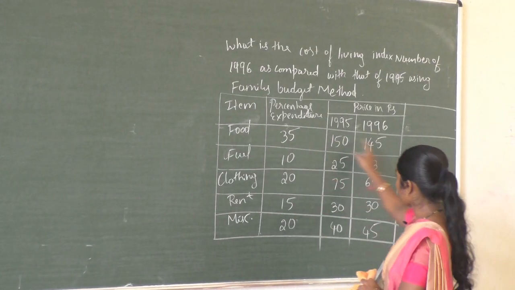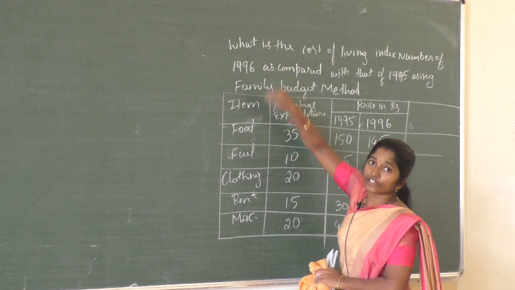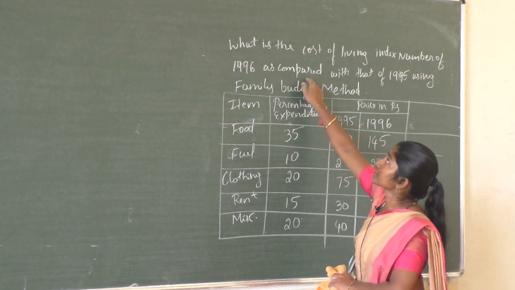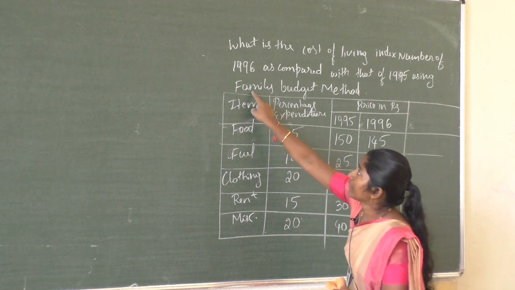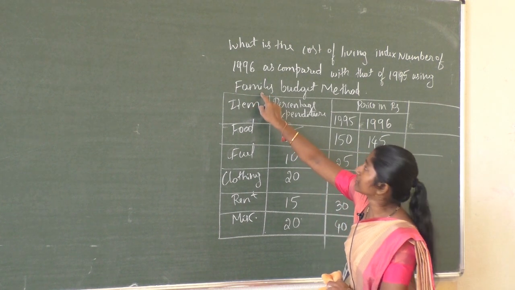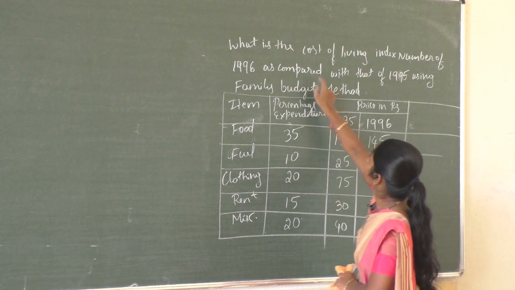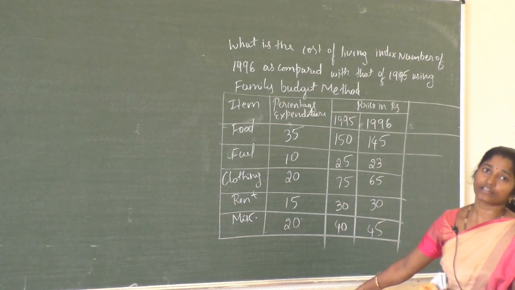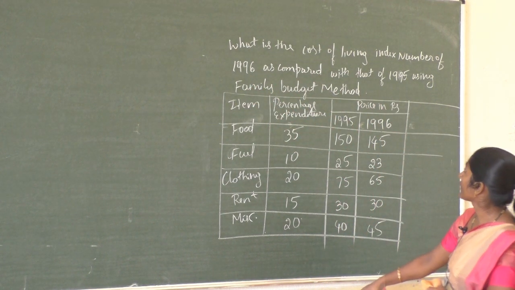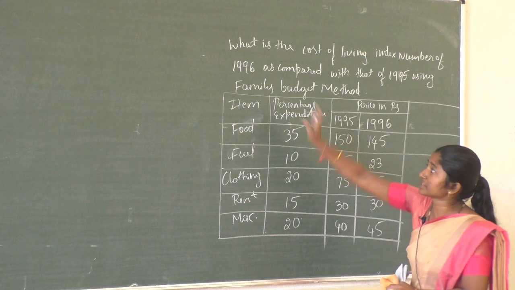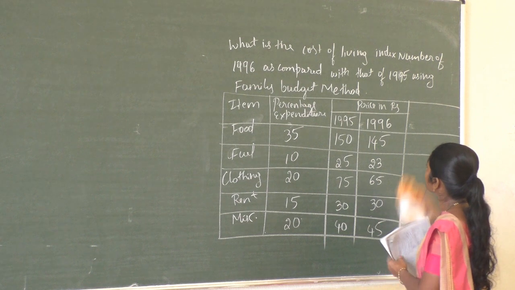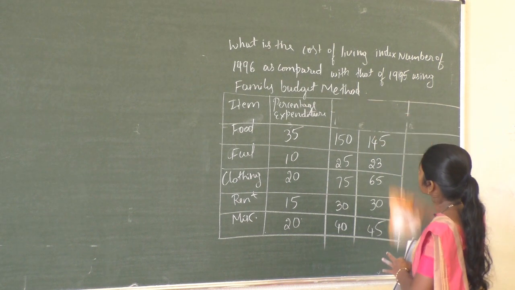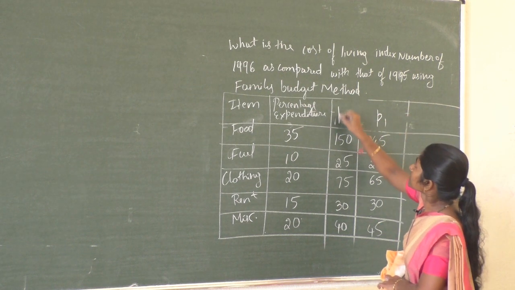After this table, we have to find the cost of living index number by taking the family budget method. So 1996 is compared with 1995. This is the base and that one is the current year. Current year means P1, and this is P0.